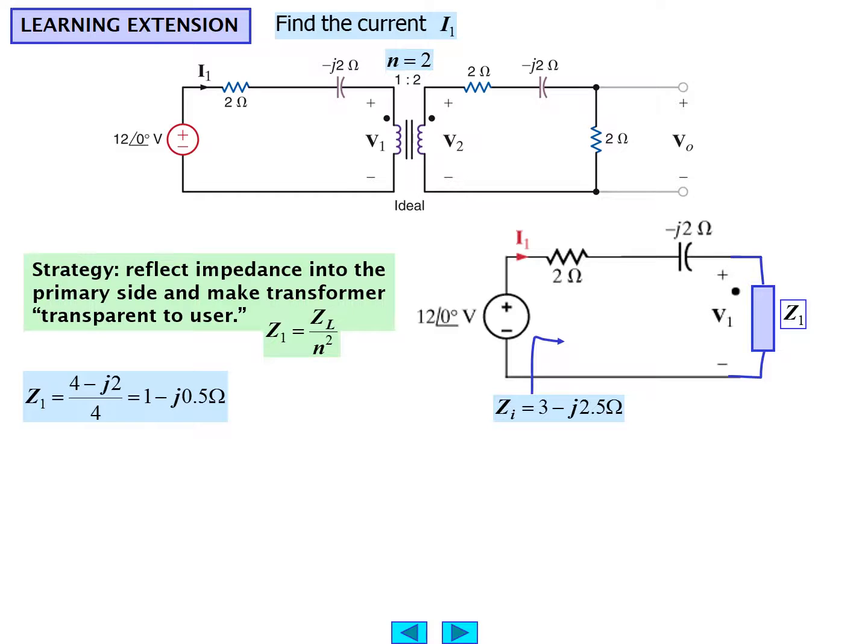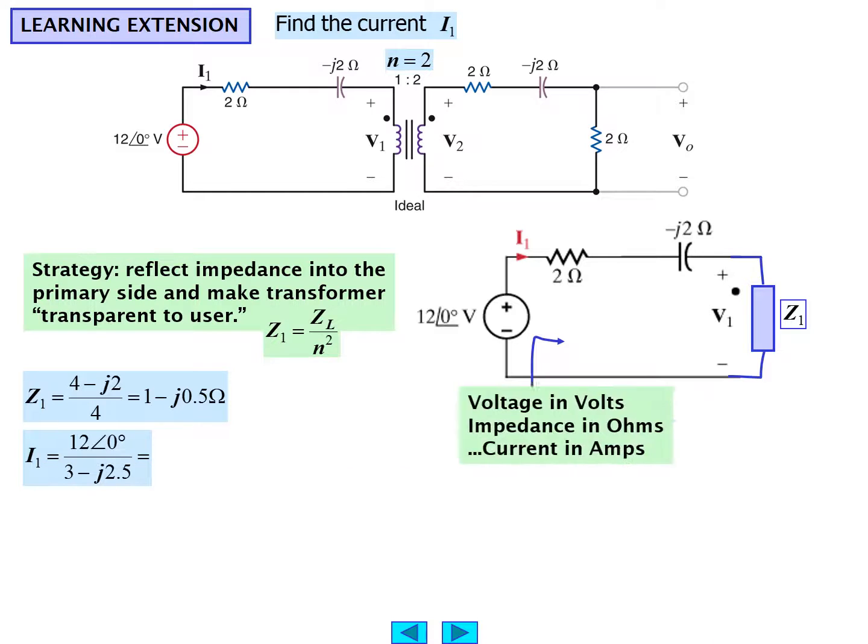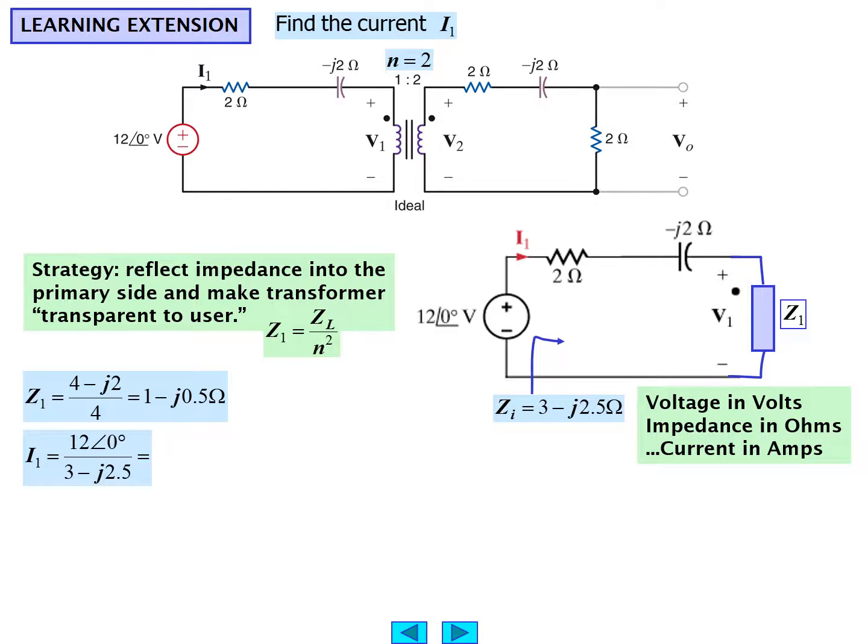Series impedances. I1 then is 12 angle 0 divided by 3 minus j2.5. Voltages in volts, impedance in ohms, currents in amperes, of course, standard units. Providing the algebraic calculation of the complex numbers, we find that I1 is 3.07 angle 39.81 degrees amperes.